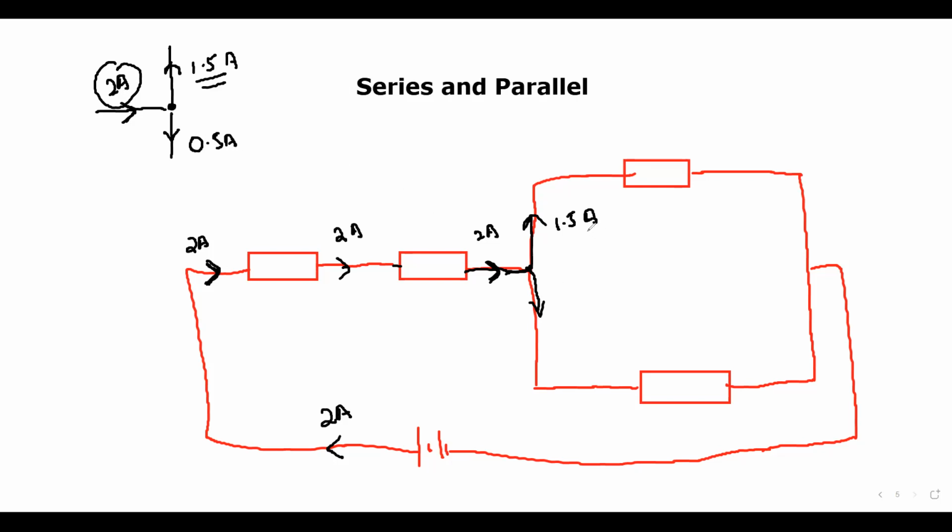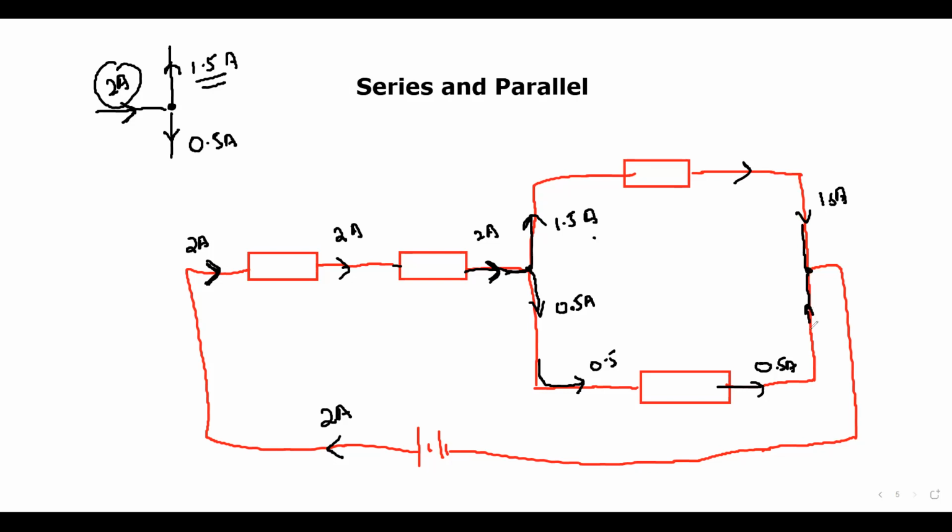So 1.5 is going up, and the remaining 0.5 ampere will go down. That 0.5 will flow through this branch, and this 1.5 will flow through this branch. As a result, when arrows are coming in, it means they will combine.